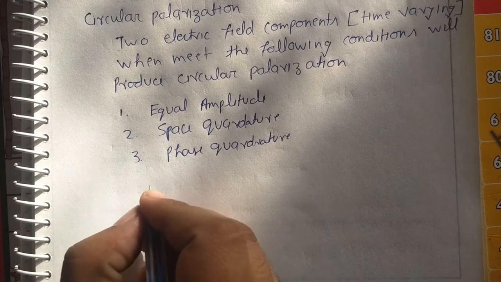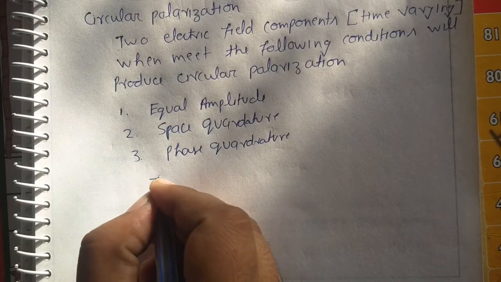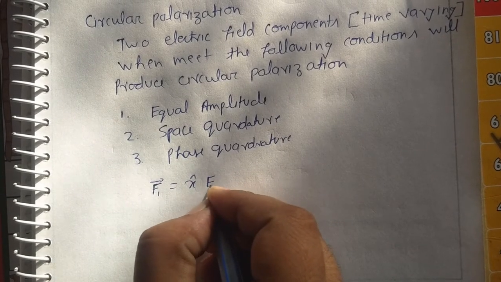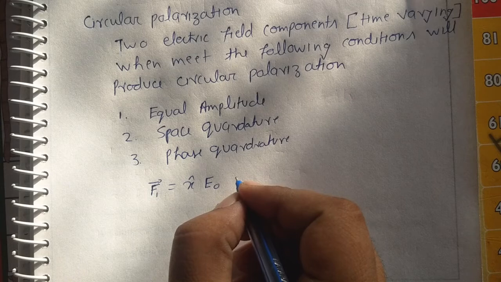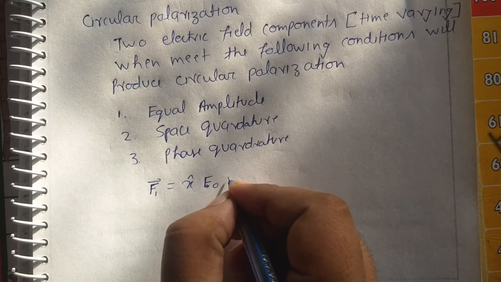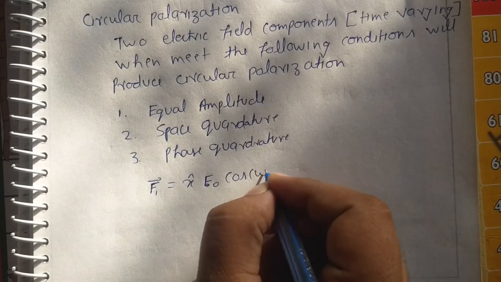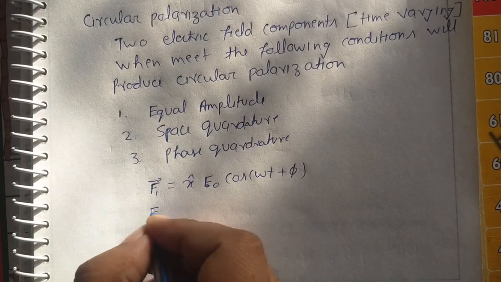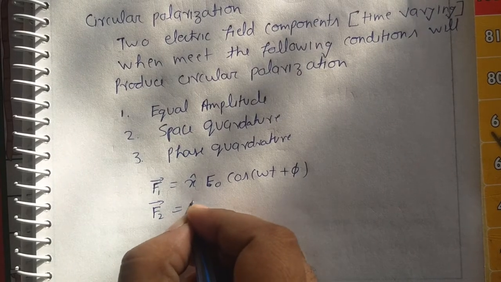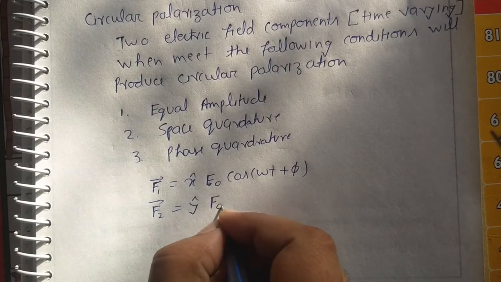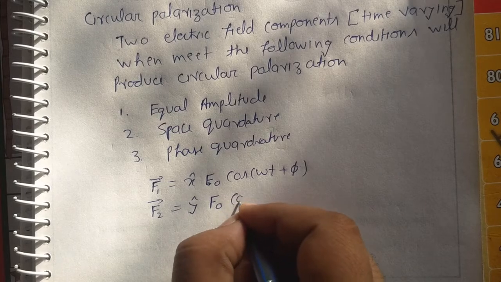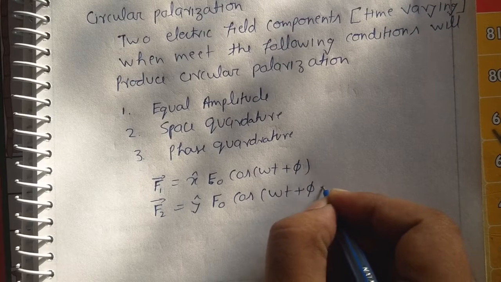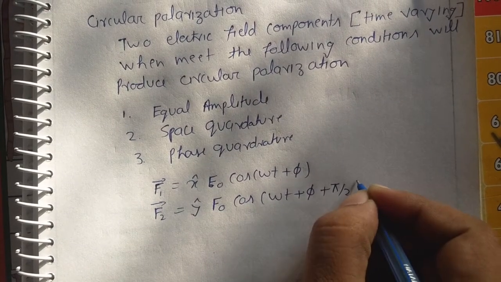So see here, F1 is x directed having magnitude F naught cos(omega t plus phi). F2 is along y direction, magnitude is the same F naught, and there is a 90-degree phase shift, plus pi by 2.